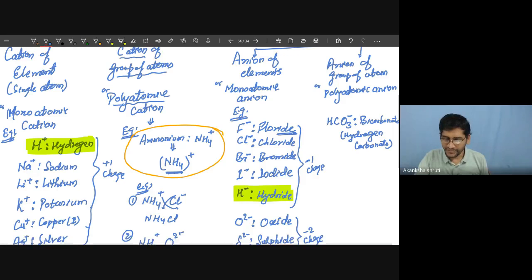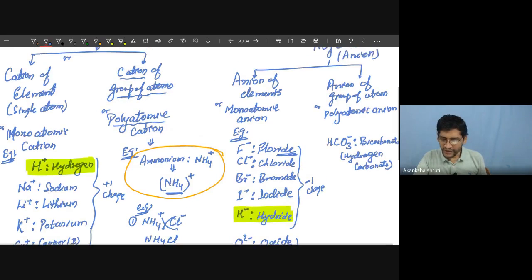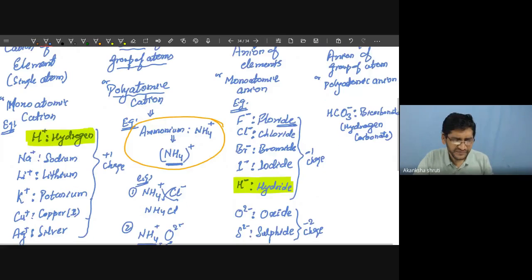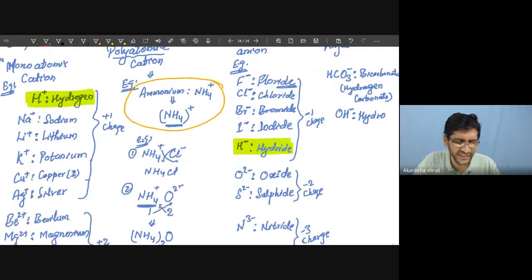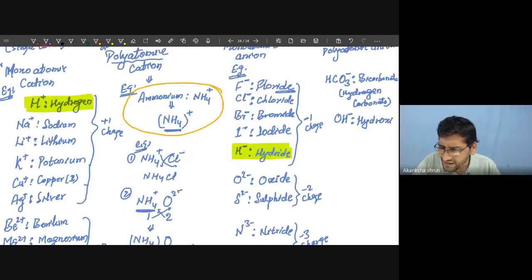Whatever the formula of the cation or anion we are writing and what is their name, everything you have to keep in mind. Next, oxygen attached with hydrogen also shows 1 unit negative charge. It is called hydroxide.